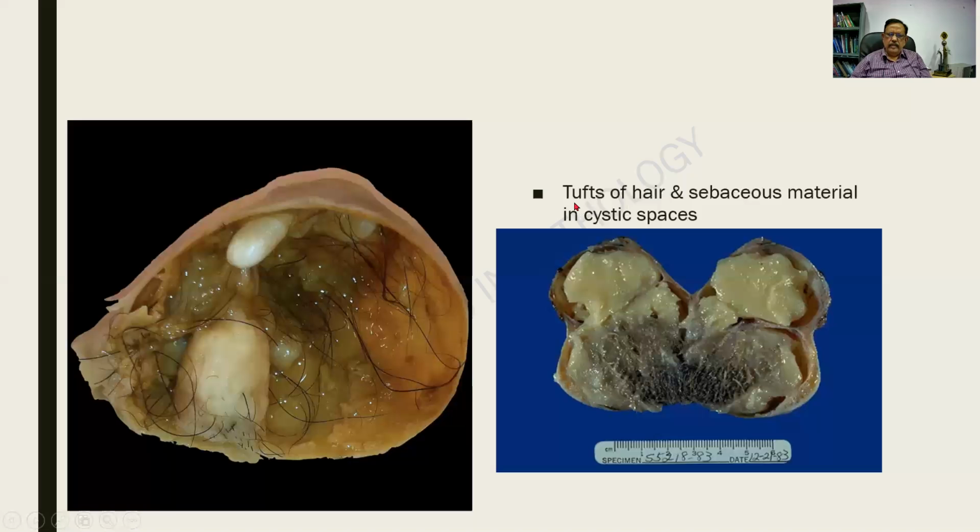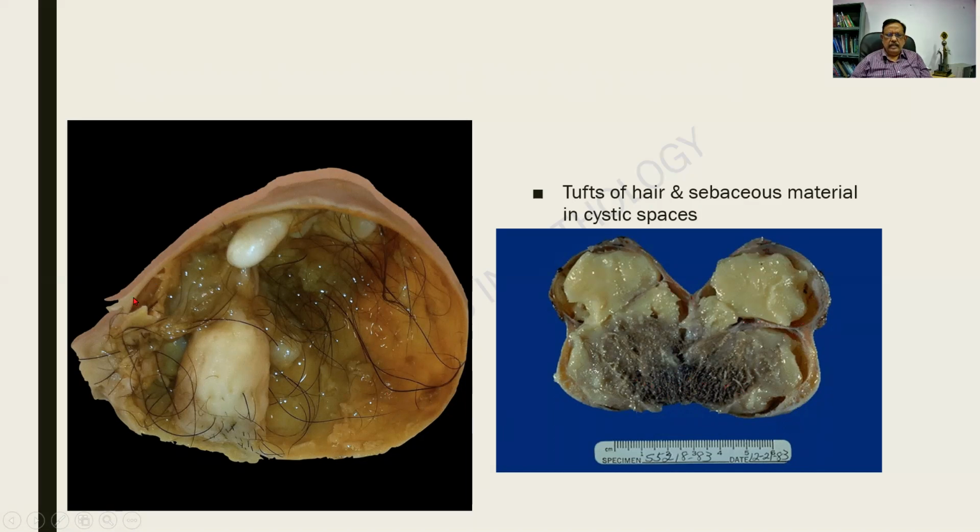And in any of this teratoma, we will have to look for the tufts of hair. So this is a multiloculated teratoma in which there are cystic spaces filled with pasty, sebaceous material. And these are all wetted tufts of hair which can be seen within it.